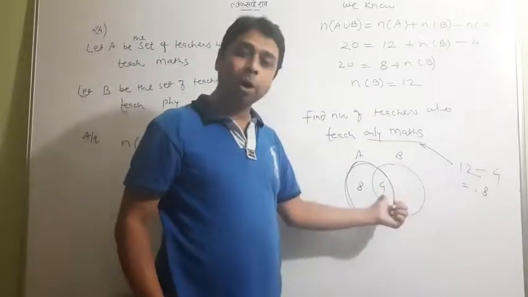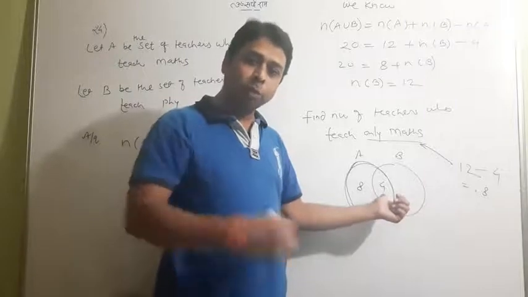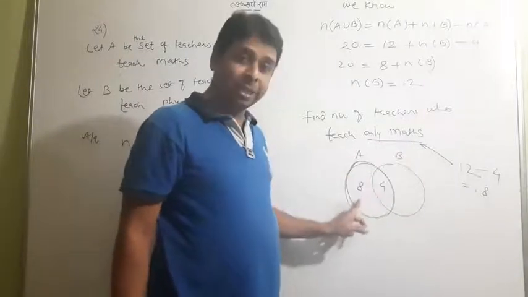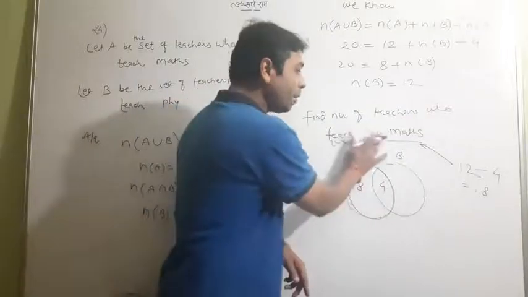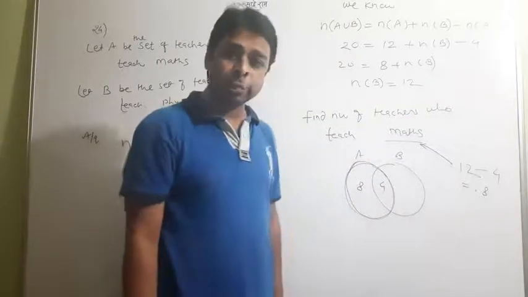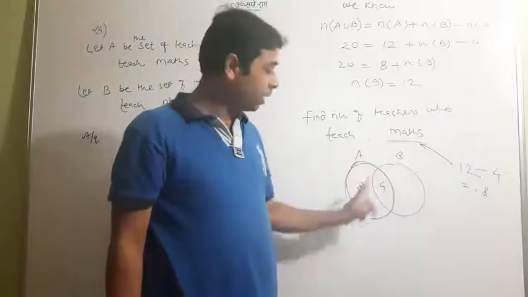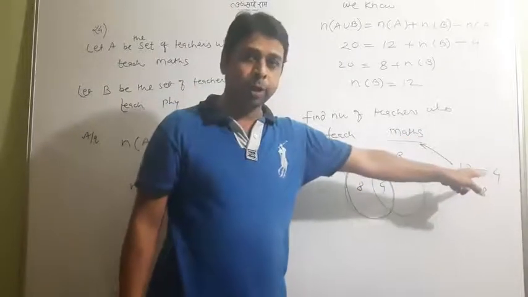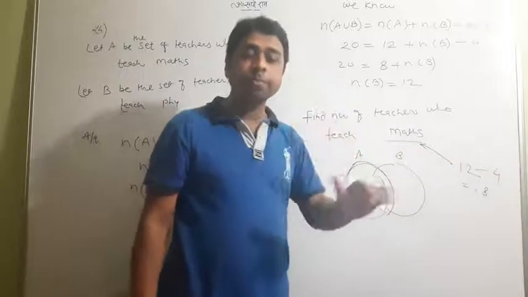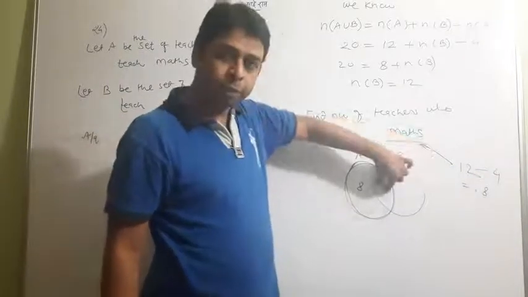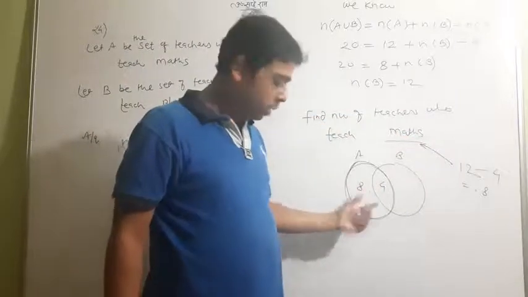The 4 teachers teach both mathematics and physics, but we are told only mathematics, so only 8 is coming. But if I write the sentence as maths without the word only, the answer is 12. So the word only is very important: you have to subtract 4 and keep only the rest, 8.